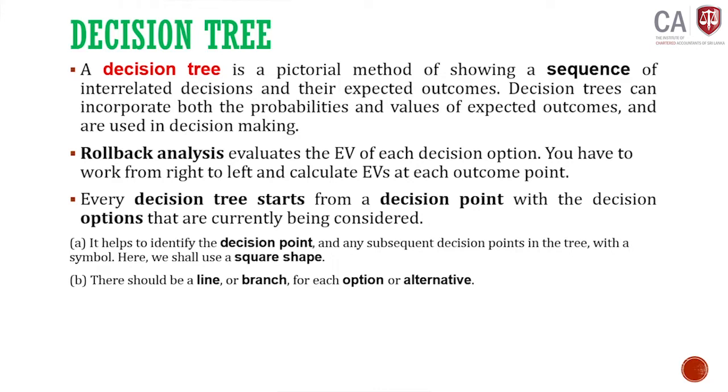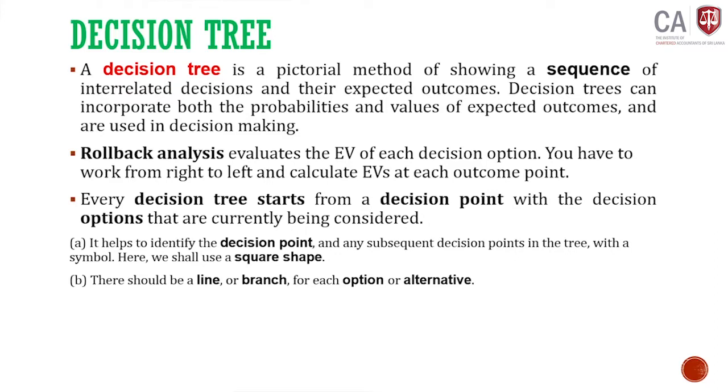Decision tree. This is a pictorial method of showing sequence and alternatives. When there are alternatives, we have to evaluate them and reach a final decision. Therefore, with this pictorial illustration of a sequence of decisions, you can make your decision based on the decision tree.